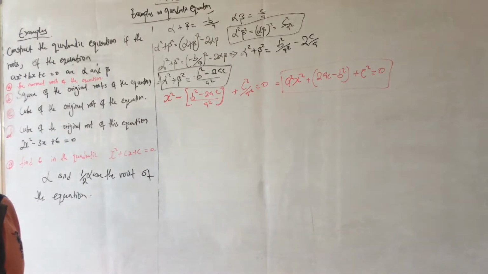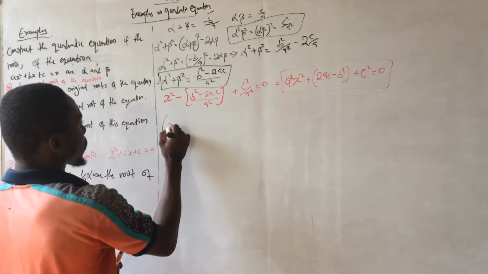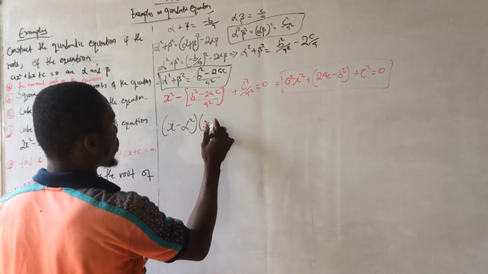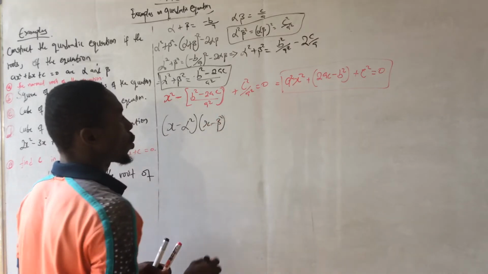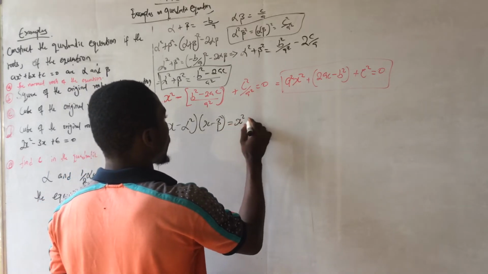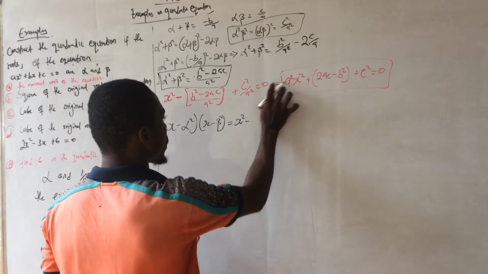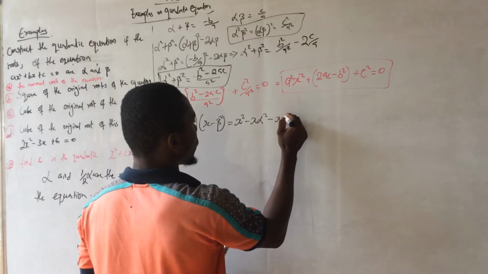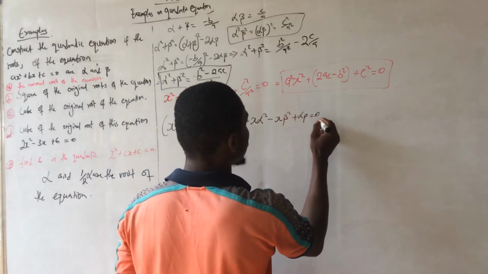So let us solve this using the other method. The other method says (x minus alpha squared)(x minus beta squared). So we open this bracket, we have x squared minus x alpha squared minus x beta squared plus alpha squared beta squared, which is equal to 0.